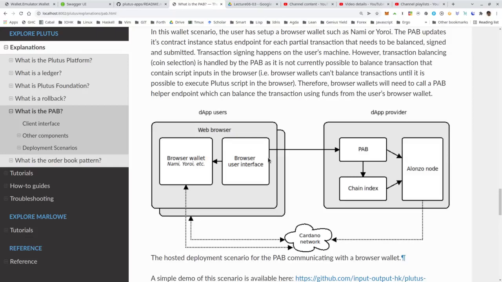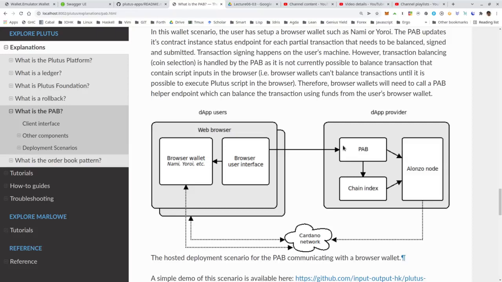But at the point of recording this lecture, this scenario is not fully supported. You can already do this with unbalanced transactions. So if you have an unbalanced transaction, you can expose it like this. But then you need to balance it in the browser, and that is very tricky and not easy to do.